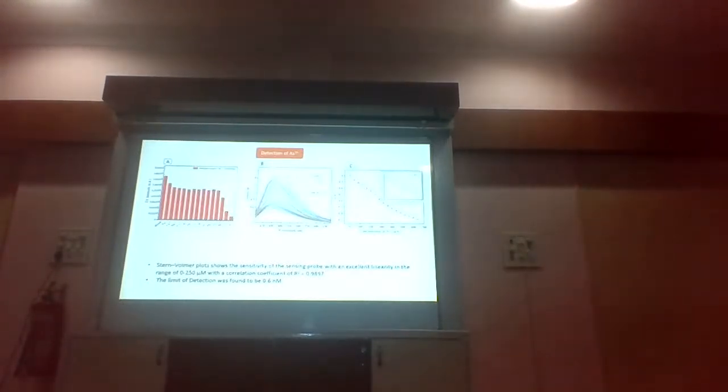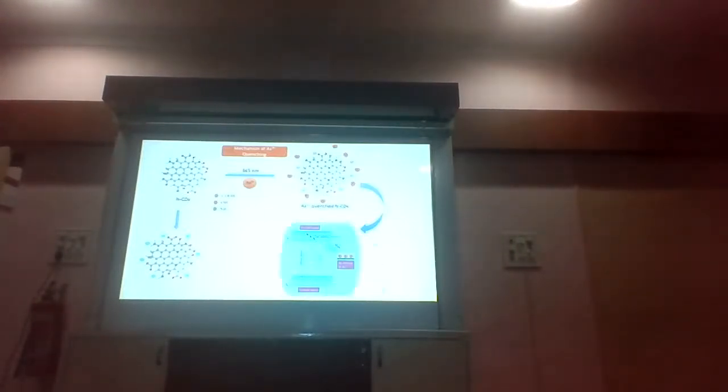The validity is in the range of 0 to 50, with reproducibility up to 0.9, and the limit of detection is 0.6 nanometer. This is the mechanism of detection. When arsenic 3 is applied, then we see the effect.